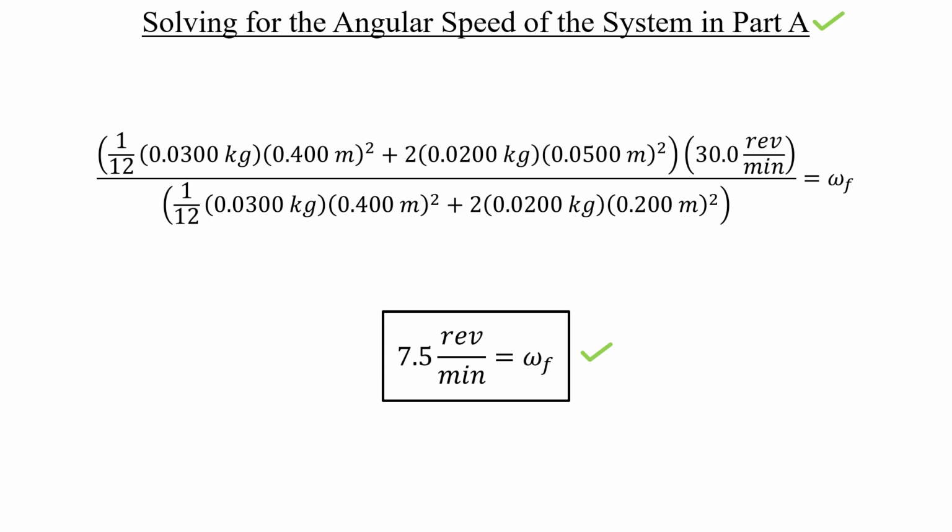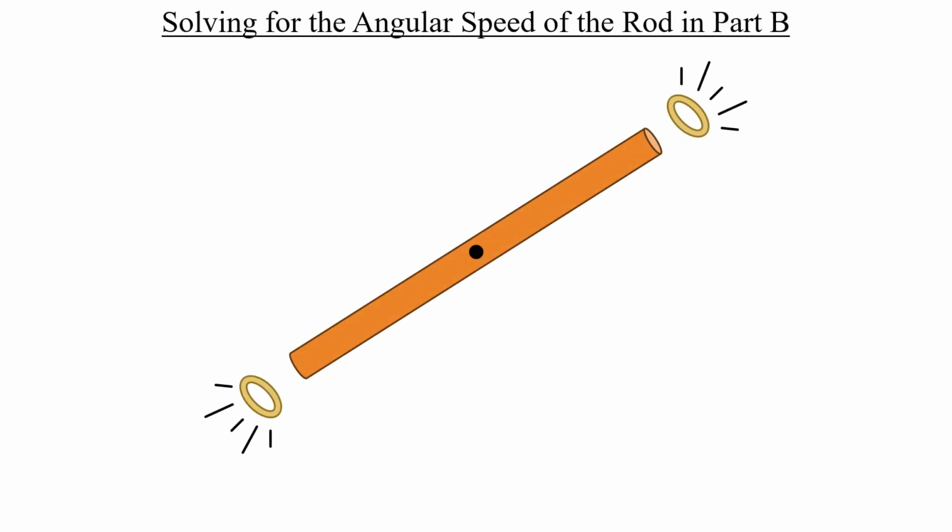For part B, the problem description almost implies that the angular speed of the rod changes after the rings fly off. But is that really the case? Let's take a closer look. Remember that the angular speed of an object changes when a torque is exerted on it.